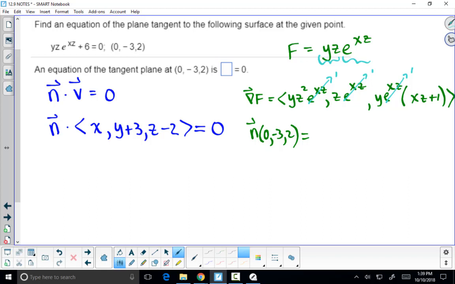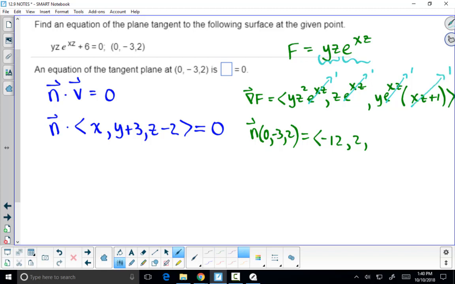Simple. All right, so first one, we have yz squared. So y is -3, z squared is 4, so that looks like -12. z is 2, so that's our second component. Last component, xz is 0, plus 1 is 1, so that thing also goes to 1.